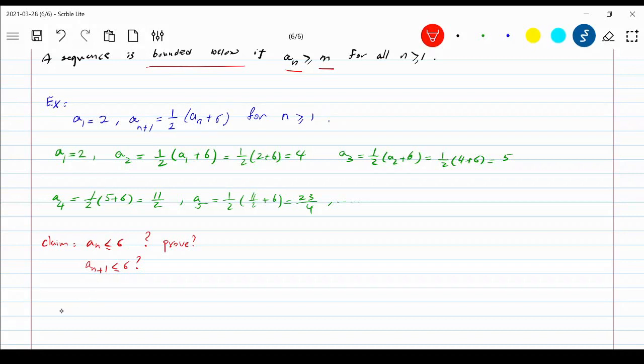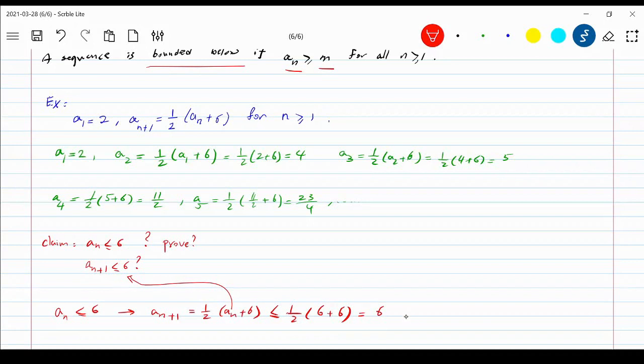So let's try that. If I assume that a_n is less than 6, what is a_{n+1}? A_{n+1} would be 1/2 a_n plus 6, which is less than or equal to 1/2 times 6 plus 6, because I'm going to replace a_n with 6, and that is exactly 6.